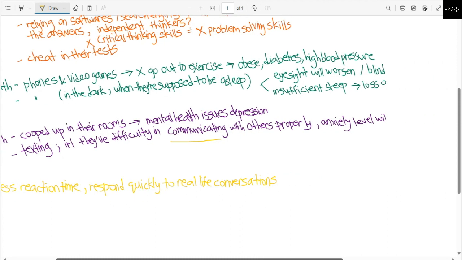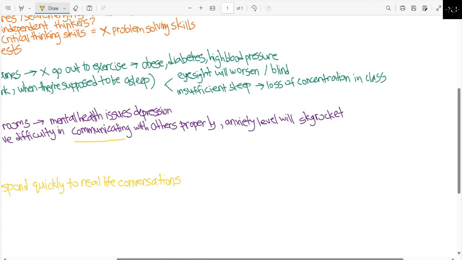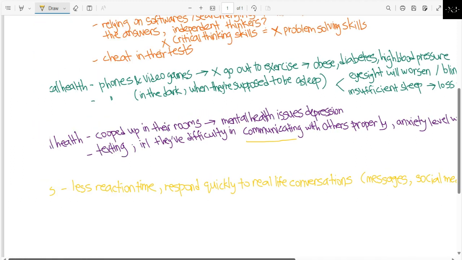You can include that in your explanation: messages and even social media posts give one time to think of what they want to type or say. That is one of the skills that the student wouldn't be able to learn if they're always relying on technology, so they'll have less reaction time.